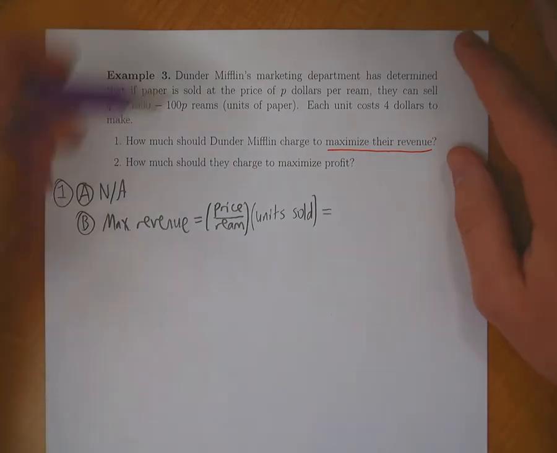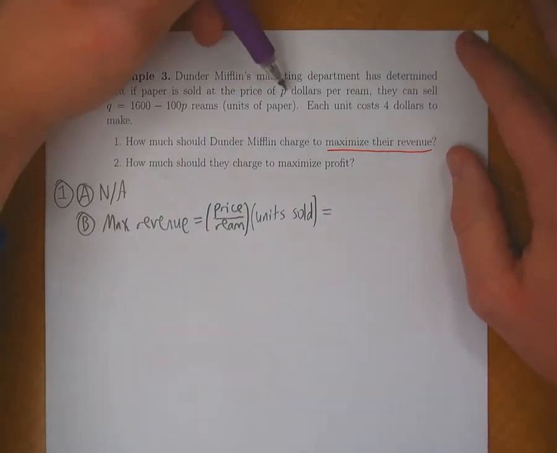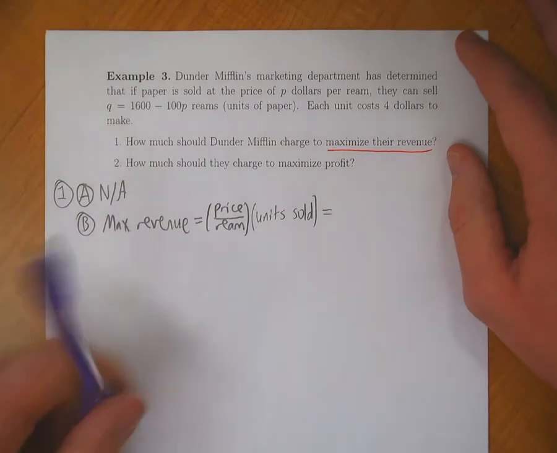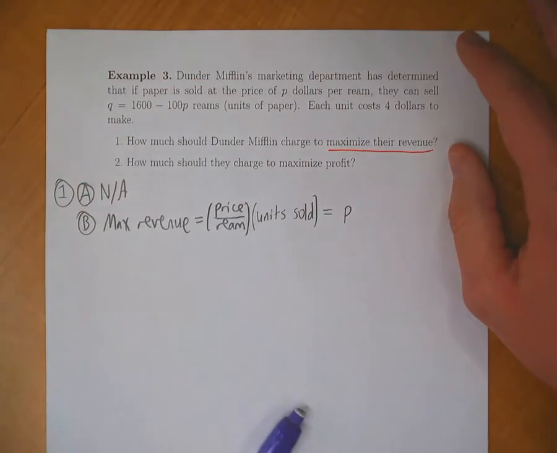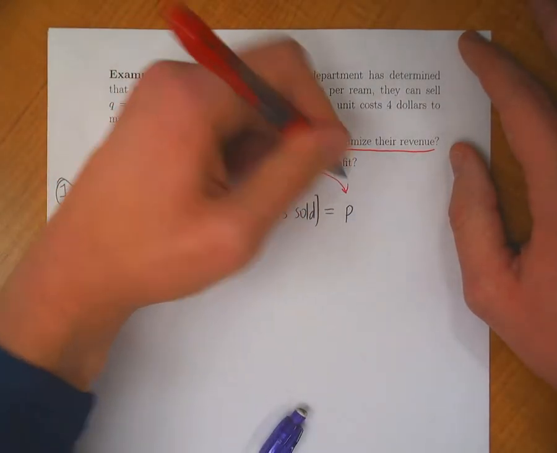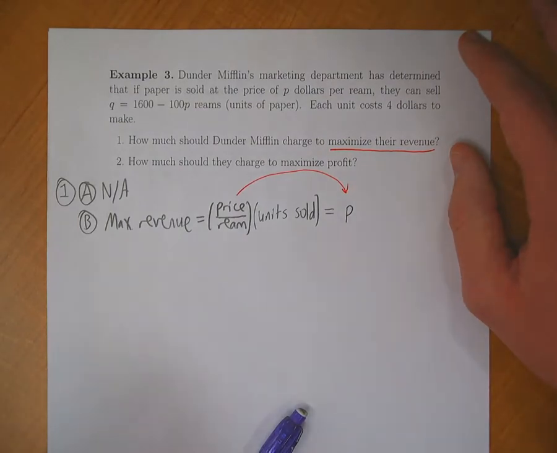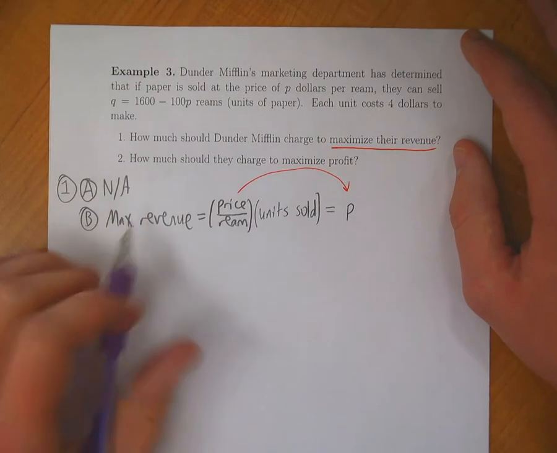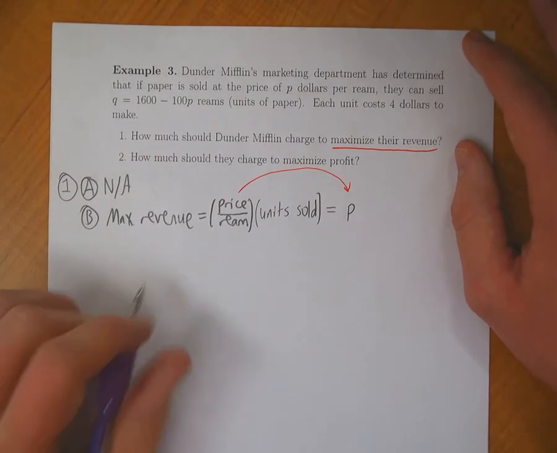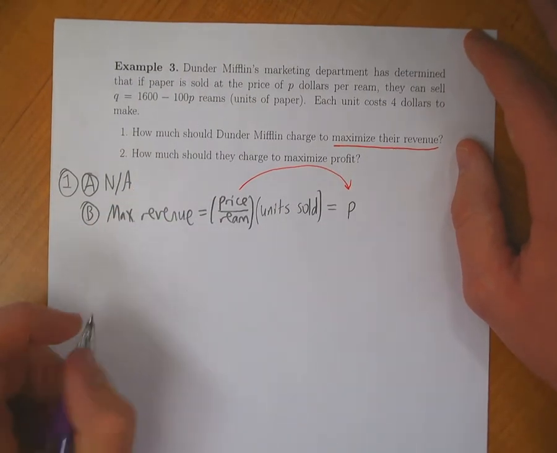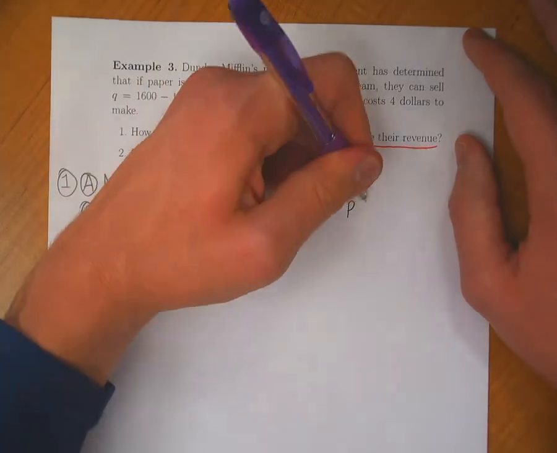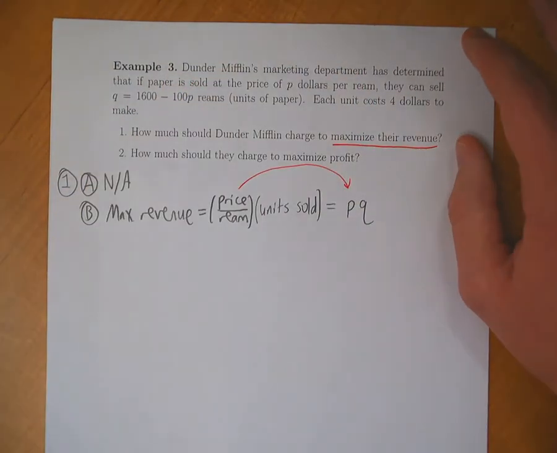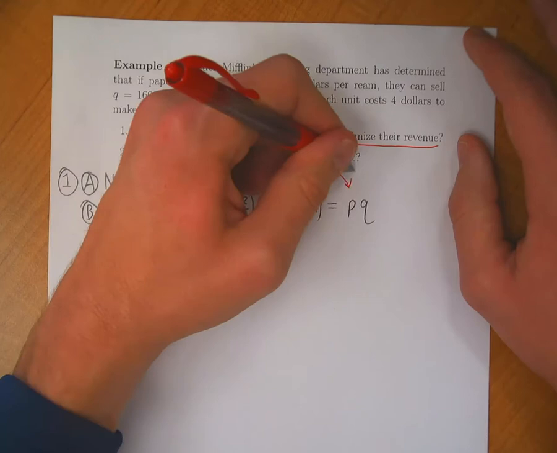The price is given as P dollars per ream, so this just becomes P. And the units sold, meanwhile, they say they can sell Q reams, which are units of paper, if we charge P dollars per ream. So in that case, revenue corresponds to P times Q here.